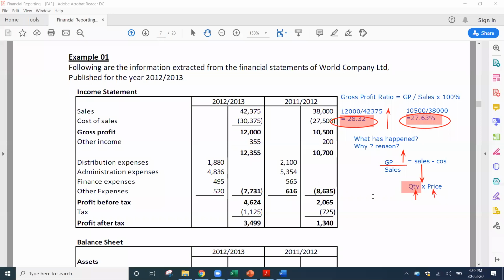There can be many reasons, right? Either your marketing expenses increased, or maybe due to any external environment situation, your number of units can increase.